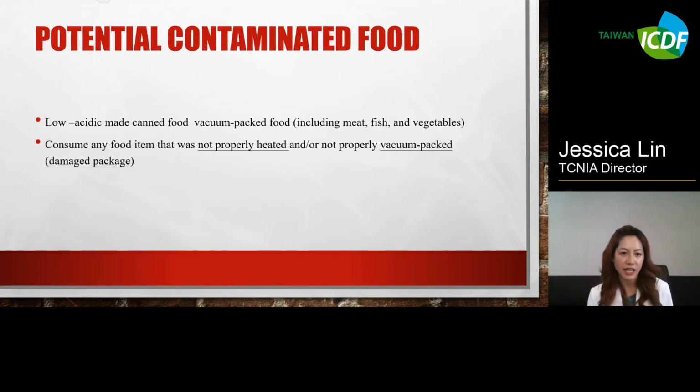So bottom line is try not to make canned products at home if you can, because if the pH condition and the temperature condition goes wrong, you may very likely create an environment for C-botulism bacteria to grow.